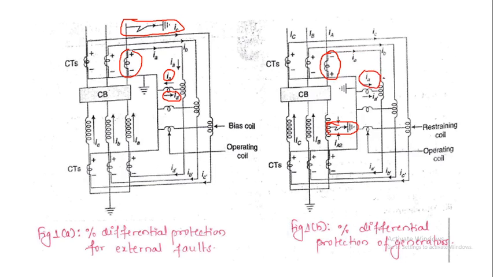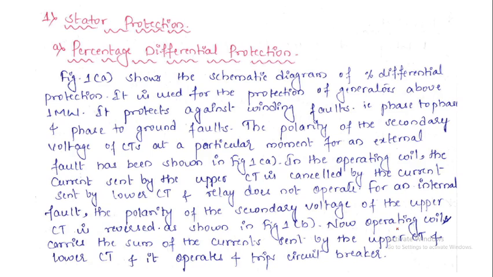Earlier it was flowing inward, now it is flowing outward, whereas the lower CTs remain the same, with the current flowing in the same direction. So when these two currents flow in the same direction, some amount of differential current flows in the operating coil, and hence the relay is going to operate. When it exceeds the preset value, the relay operates.